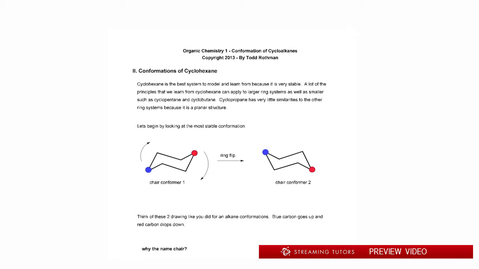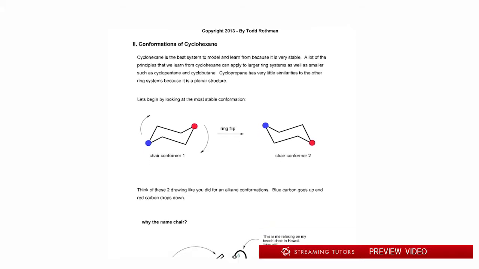Cyclohexane, as I mentioned, is the best one to start learning from because it's the most stable. Remember, cyclohexane is a 6-membered ring system. I want you to track the end pieces of a cyclohexane, so the bottom left and the top right in this drawing.